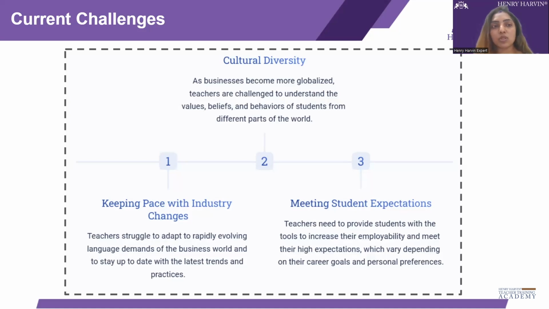And then comes cultural diversity, keeping pace with industry changes. As businesses become more globalized, teachers are challenged to understand the values, beliefs, and behaviors of students from different parts of the world. It is very likely that, because you are a business English coach, you may get learners from several different parts of the world.